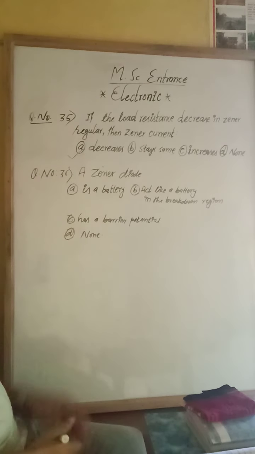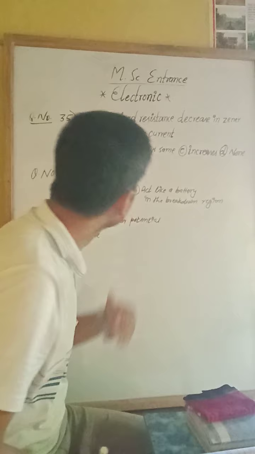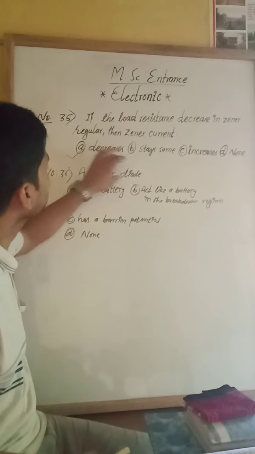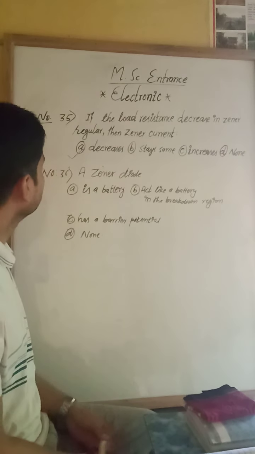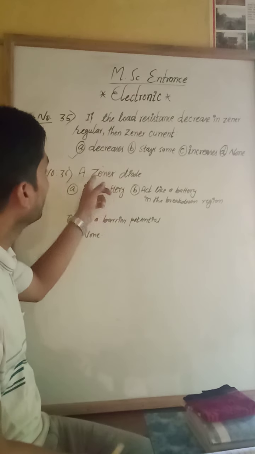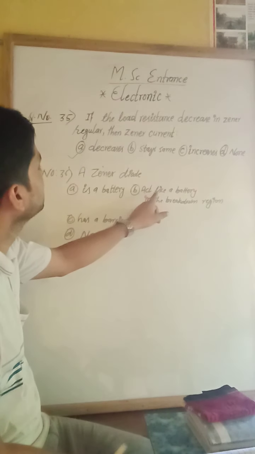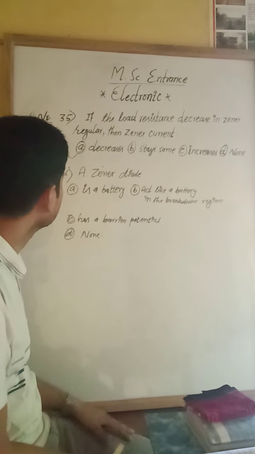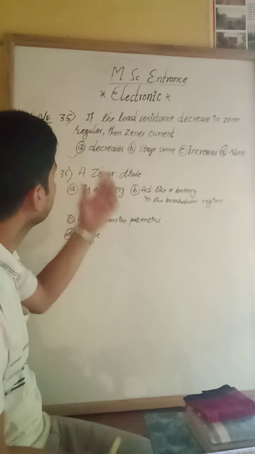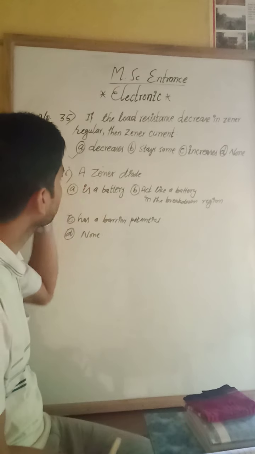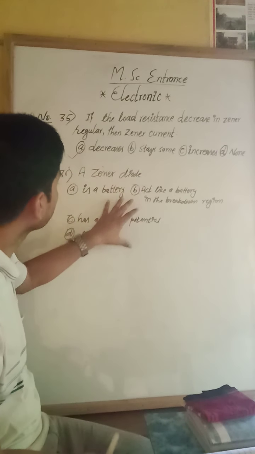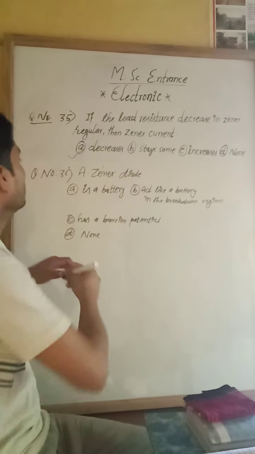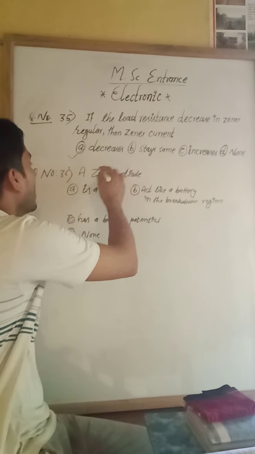Yes, what is the Zener diode? This question is mainly related to what a Zener diode is. Zener diode is a battery, or it acts like a battery in the breakdown region, or has a barrier potential, or none. Which is the correct option among these four options? First, we know about the Zener diode.